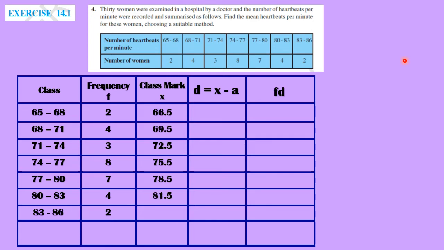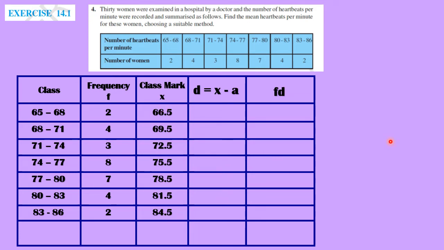Next we will write the class mark. Class mark, we can write 65 and 68, so middle 66.5, then 69.5. Here 3 is the difference, so 3 you can add here. So you will get the class mark.